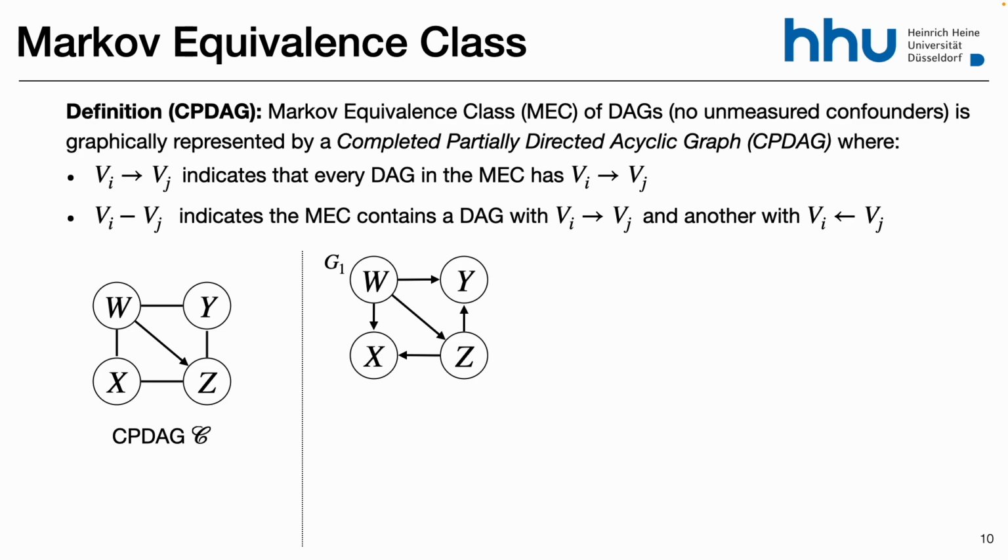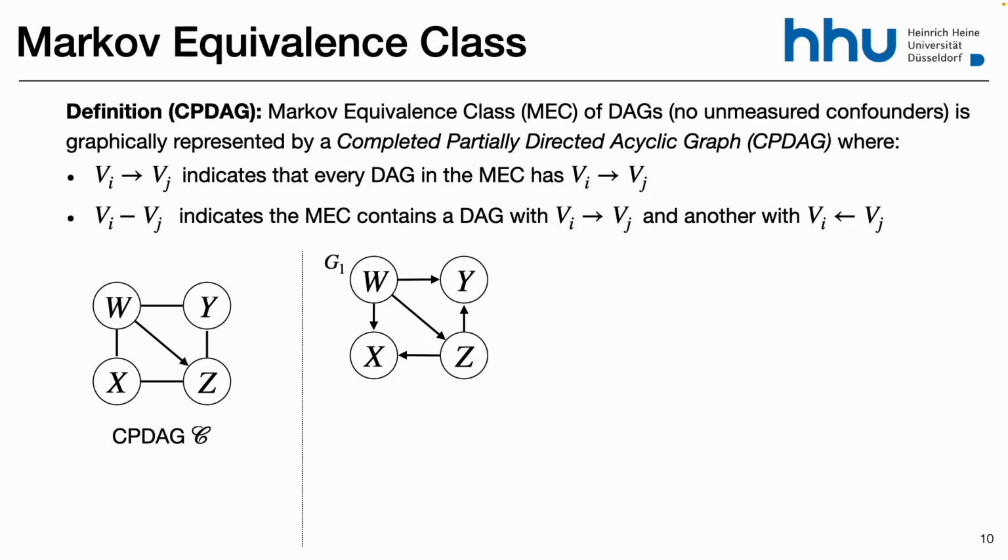Then I can start listing all the members of the class by looking at this object and just flipping edges without creating unshielded colliders. So, for example, here I have W pointing to Z. So this for sure is here. W pointing to Z, okay?